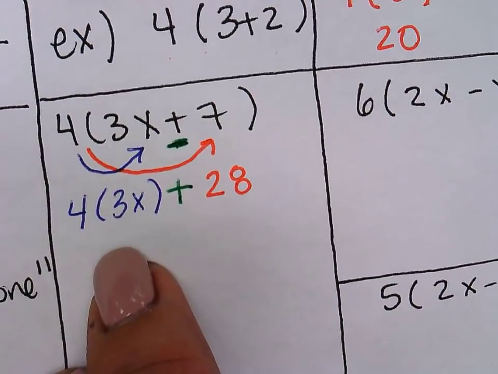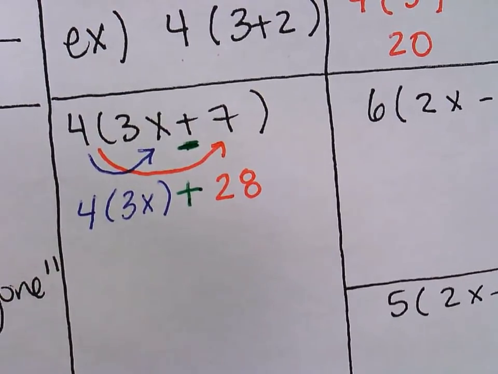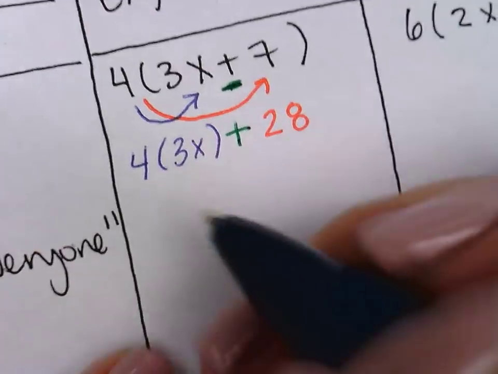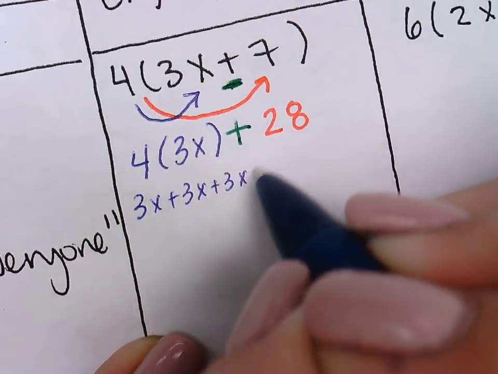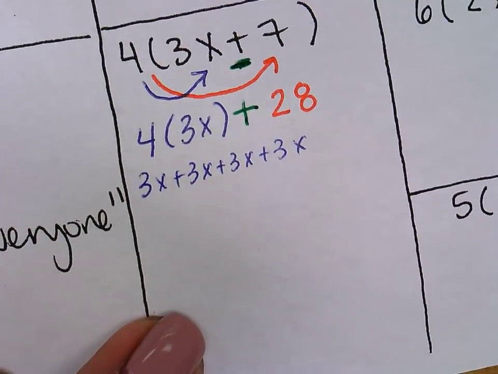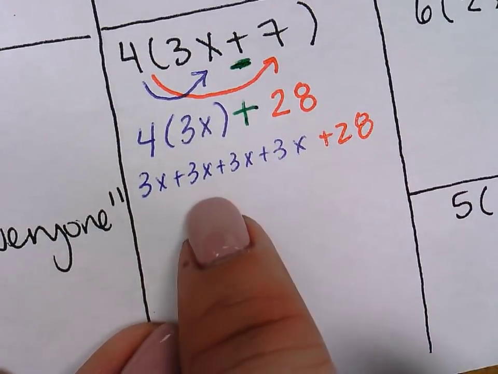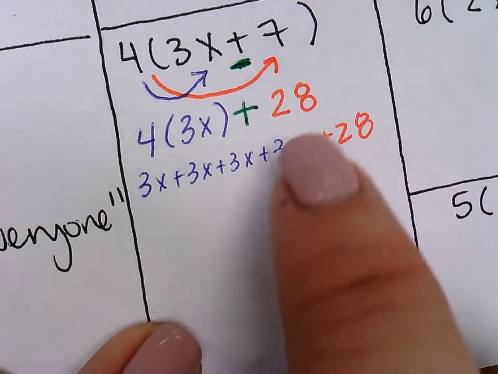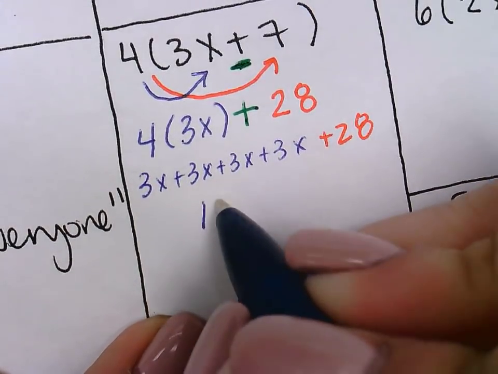Now, we know that multiplication is simply repeated addition. So if you wanted to rewrite this to help you visualize it as 3x plus 3x plus 3x plus 3x, 3x 4 times, and then plus 28, you know 3 oranges plus 3 oranges plus 3 oranges plus 3 oranges is the same thing as 12 oranges.